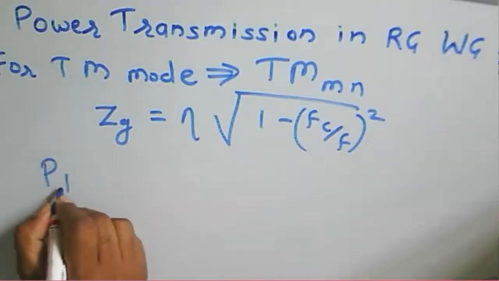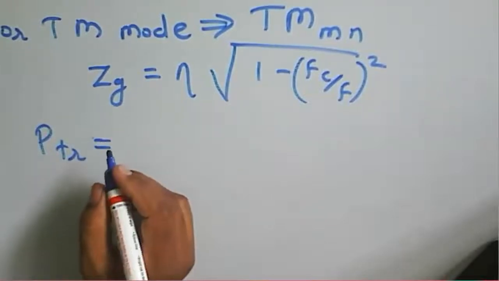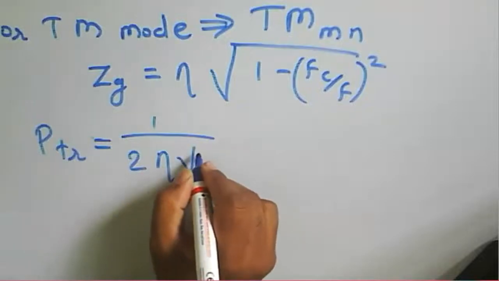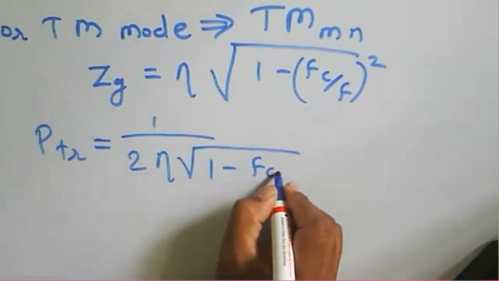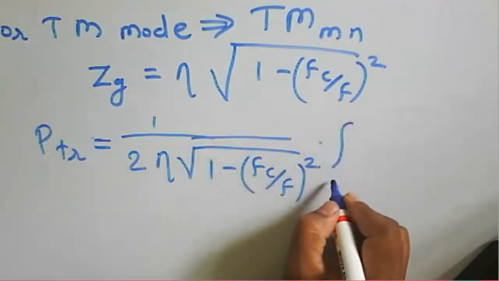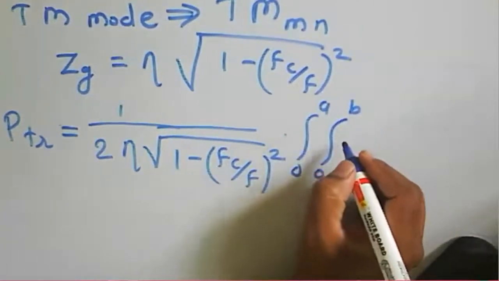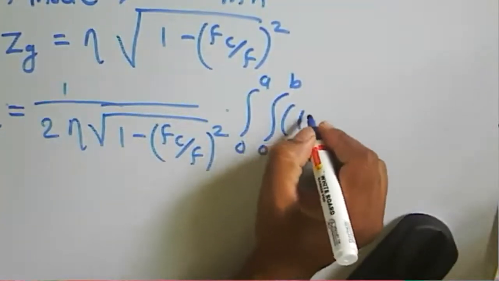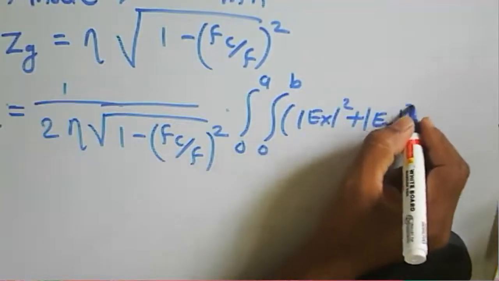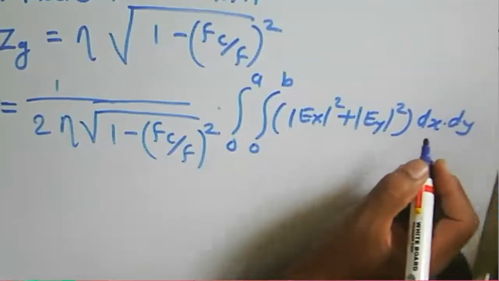And then we rewrite the expression of the power transmission. That is P transmitted, which is 1 by 2 eta root of 1 minus (fc by f) whole square, into the integral over the given area, which we write here, of mod Ex square plus mod Ey square into dx dy.